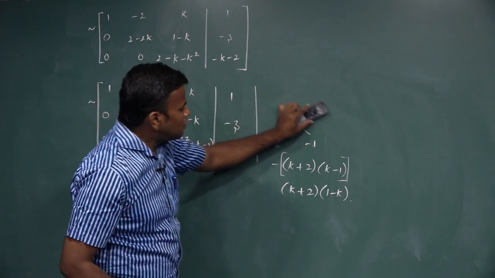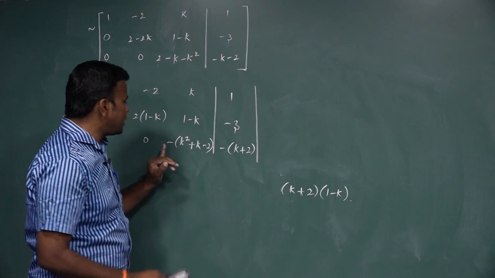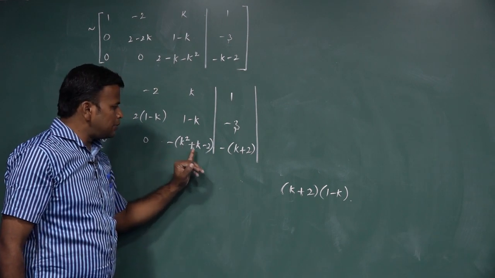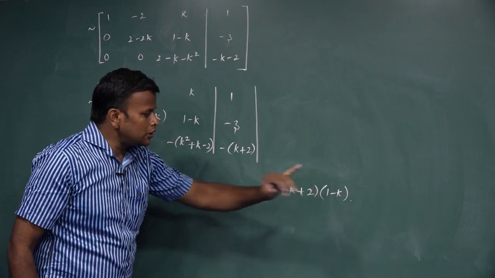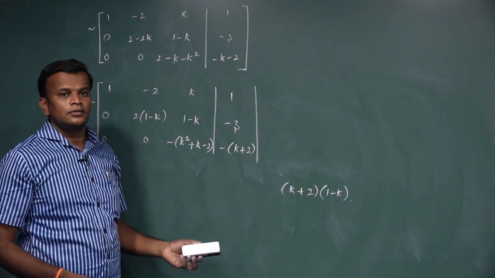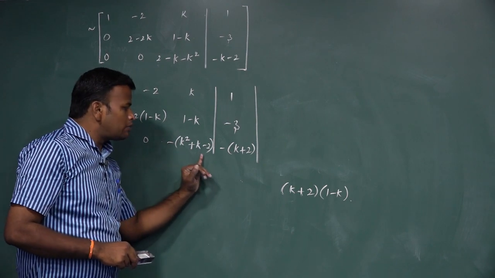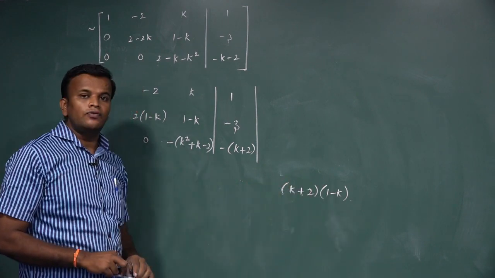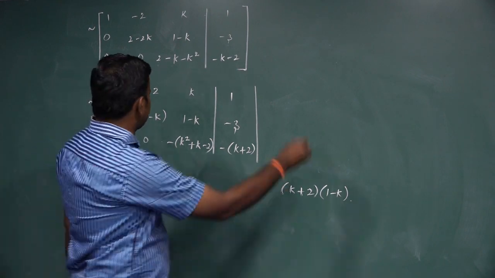So we write the value of minus of k square plus k minus 2 as k plus 2 into 1 minus k. For our convenience, I write this quadratic polynomial in factor form as k plus 2 into 1 minus k.